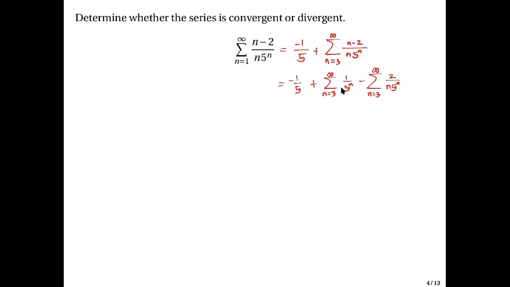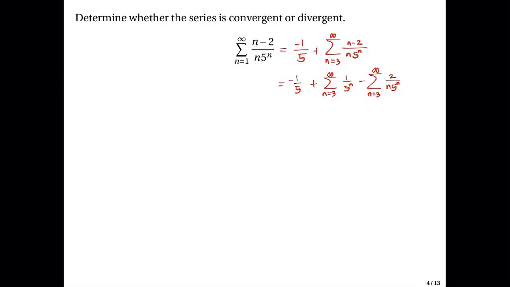And you know that this one here is convergent because this is just geometric with 1 over 5 as the ratio. For the other one, we can use the limit comparison test to show whether it is convergent or divergent. Actually, this one is convergent.